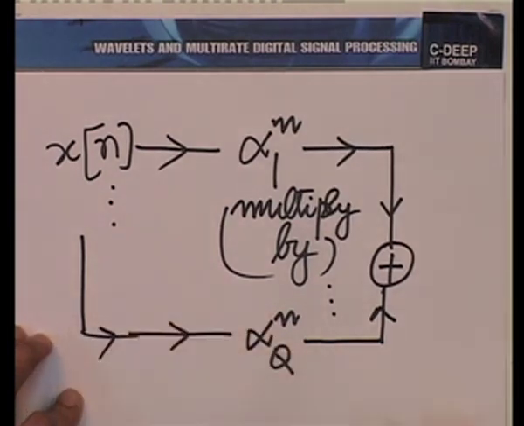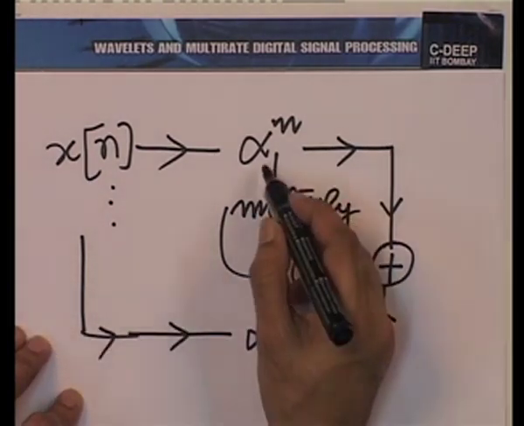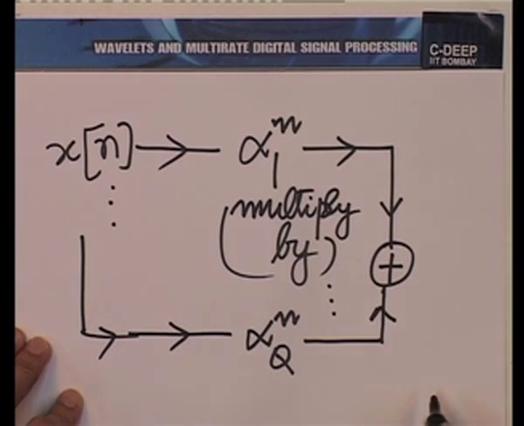Same x n. So, multiplication by alpha 1 to the power of n or alpha to the power of n in general is easy to handle in the Z domain.